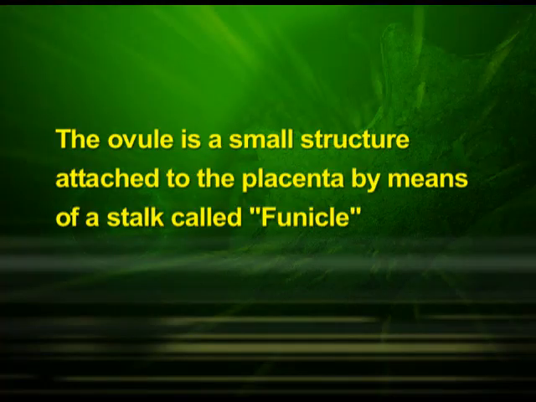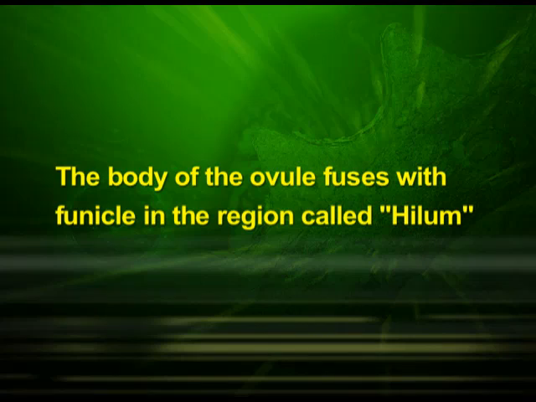Now, let us familiarize ourselves with the structure of a typical angiosperm ovule. The ovule is a small structure attached to the placenta by means of a stalk called funicle. The body of the ovule fuses with the funicle in the region called hilum.